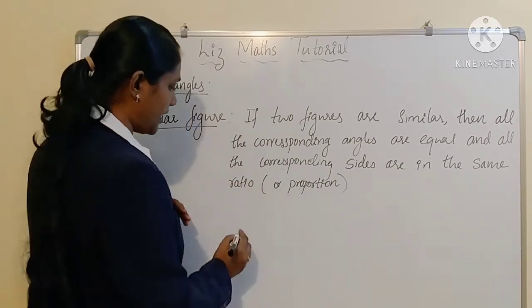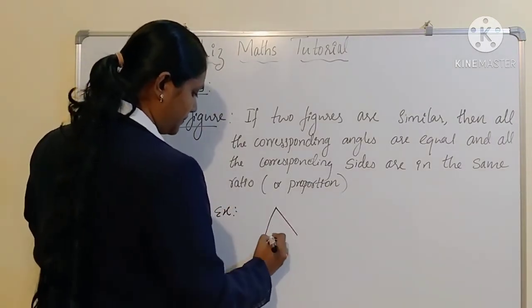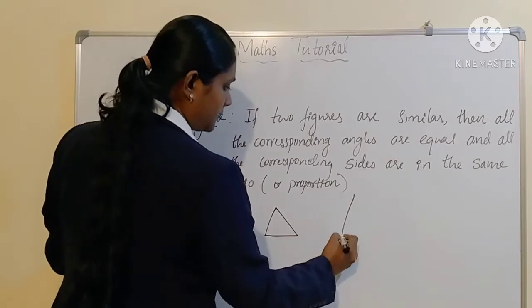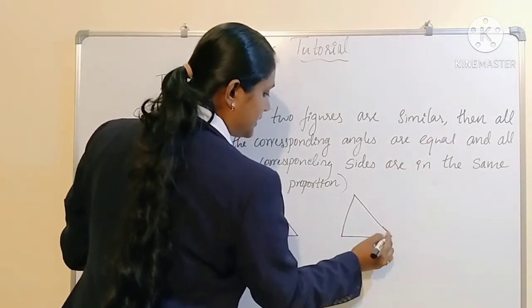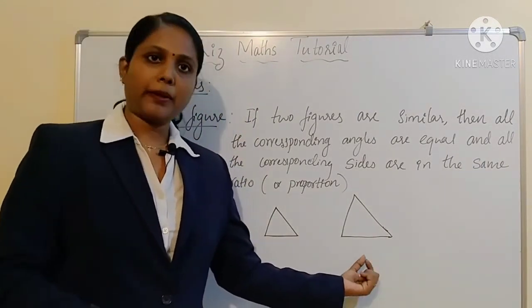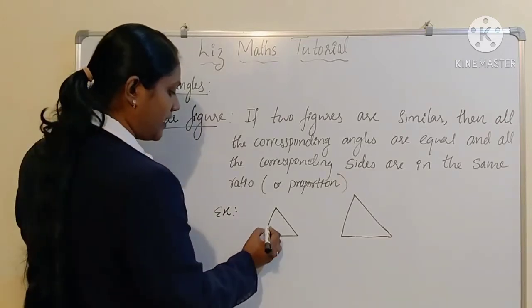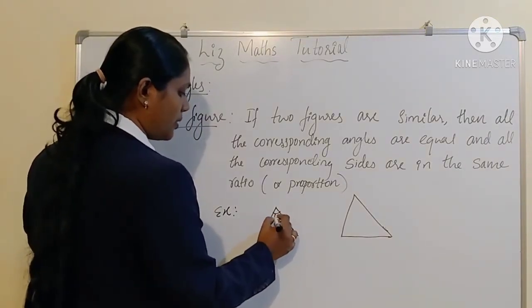Let me take an example, then it will be clear. Let me take a triangle. Looking at this figure, you can see this is a small triangle and this is a big triangle. I'll take here 60 degrees, 60 degrees and 60 degrees.